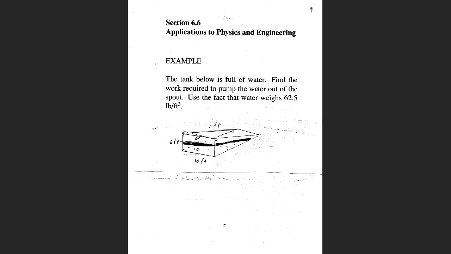This shading here that you see represents a layer of water in the tank. Let me give you a moment to copy everything down, and then we will look at the solution.